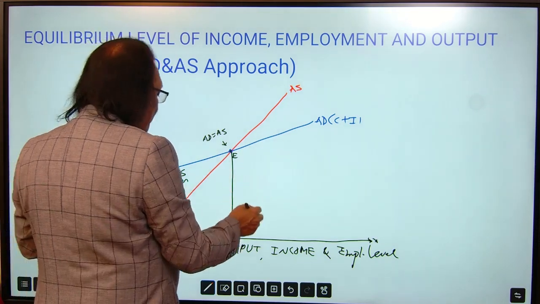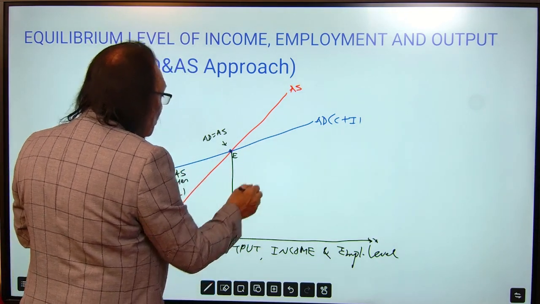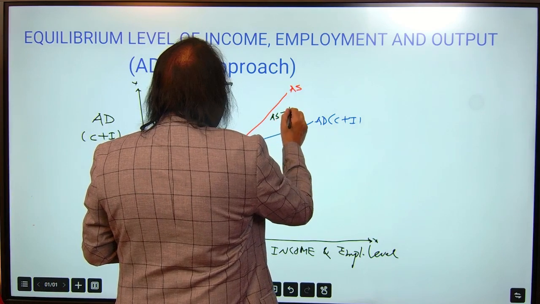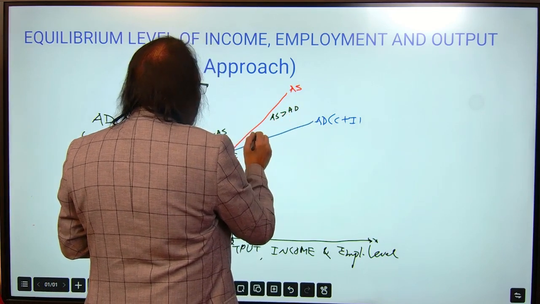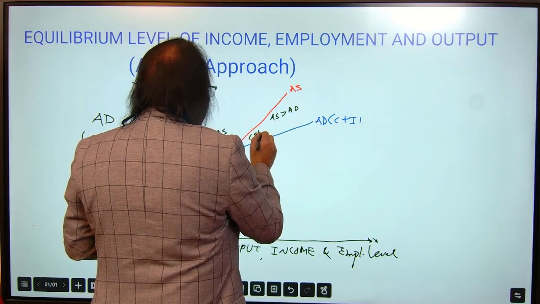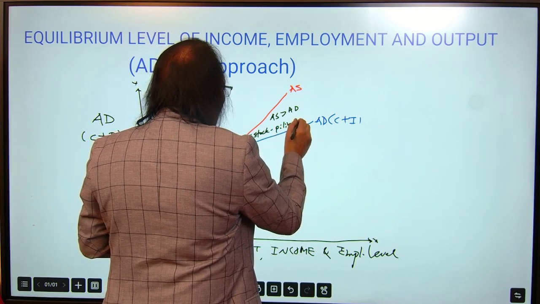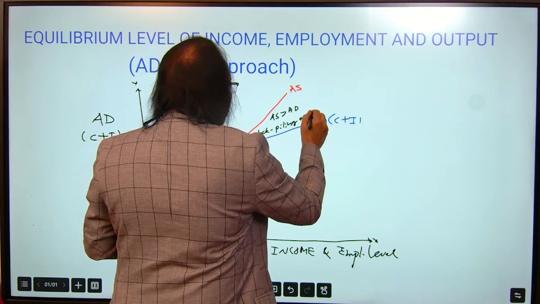After this, at OQ level of output, AS is greater than AD. Stockpiling of inventories.